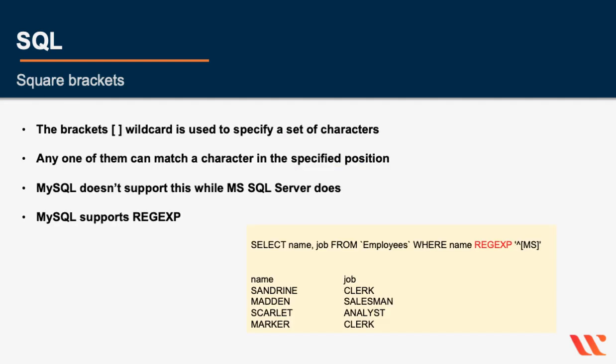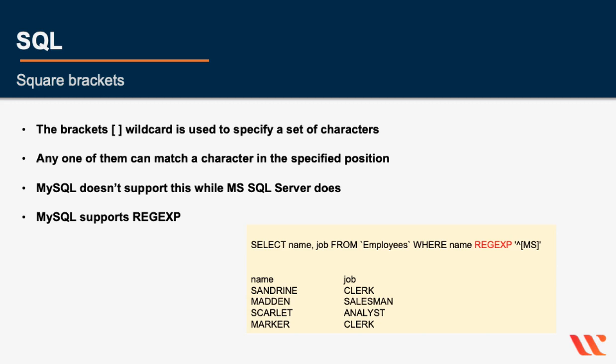Square brackets. You can use square brackets with wildcards to specify a set of characters. This is one of the commands that differs depending on the database system that you're using. If you're using MySQL, then you'll have to use REGEXP, which is the regular expression.